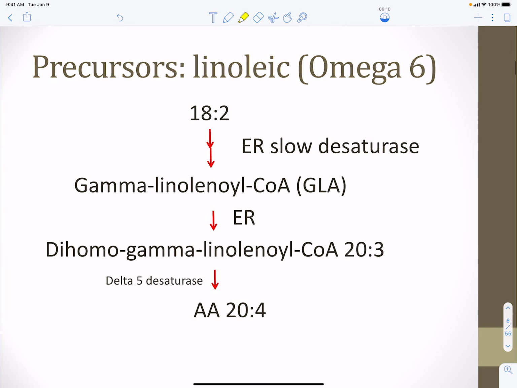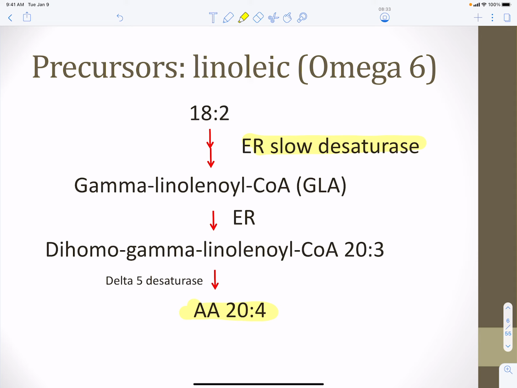Now, the omega-6 precursor, linoleic acid, again goes through a very slow desaturase process, and you eventually get to arachidonic acid. This goes through the ER, with a delta 5 desaturase involved, very different enzymes, and eventually you get your arachidonic acid.